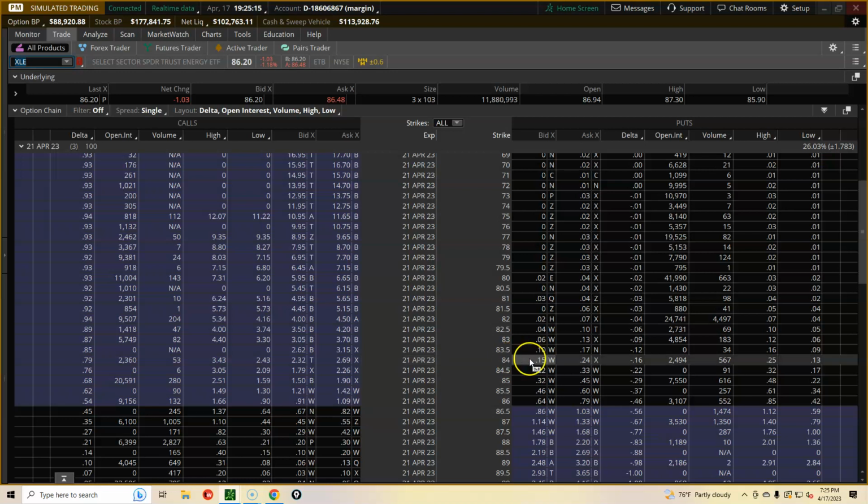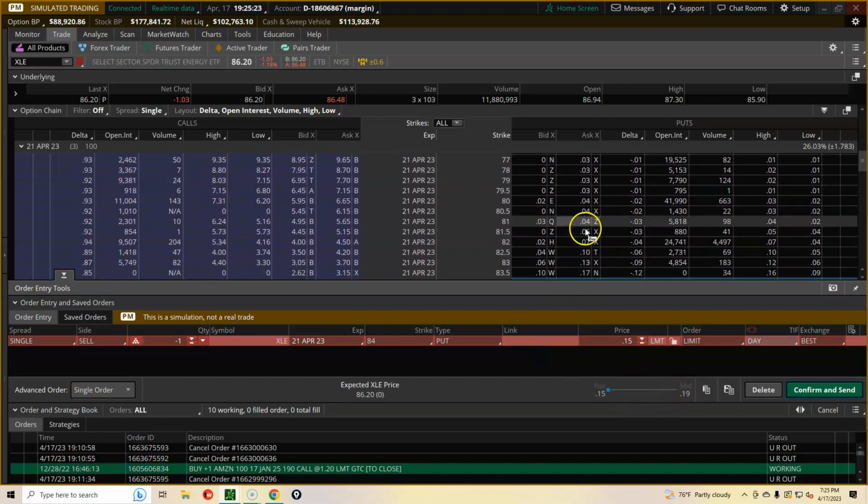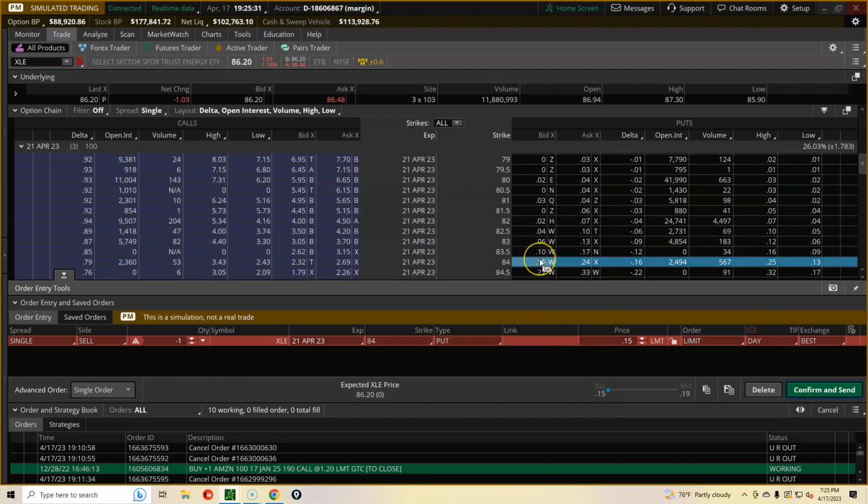But let's look at that 84 and we'll hit this. So we'll look for the mid, right? So the mid, we have, see this NAT for our natural. If the market was open, we know we're going to get filled at the natural. The mid is between 15 and 24.